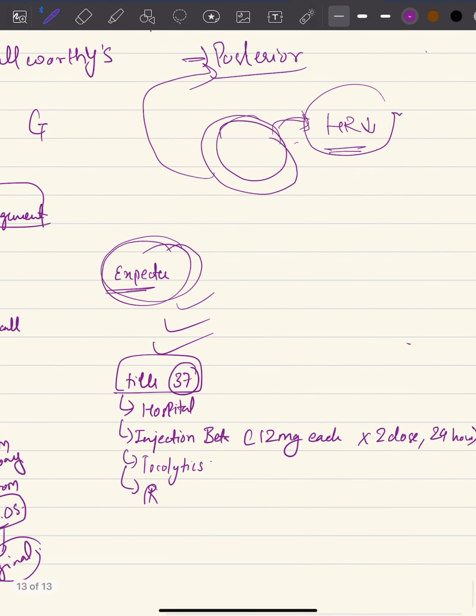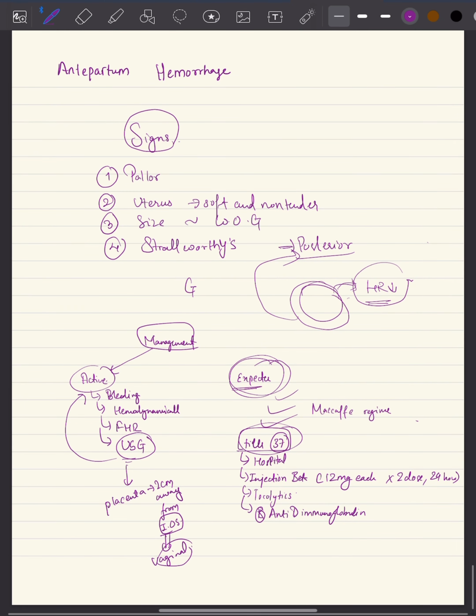If the mother is Rh negative, then we have to give anti-D immunoglobulin. We continue the pregnancy till 37 weeks, and this is known as the MACAFEE regimen. However, if there is any sort of bleeding occurring, then we have to go for termination of the pregnancy. So that's all about placenta previa.